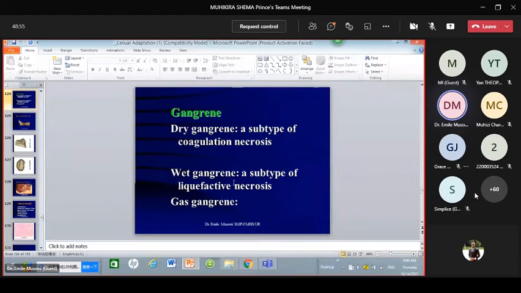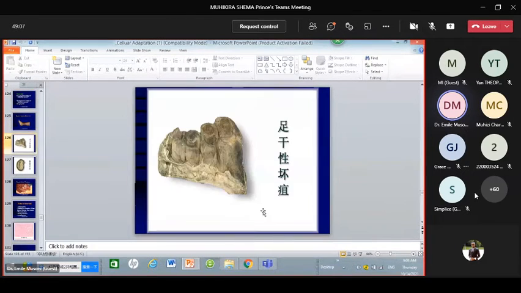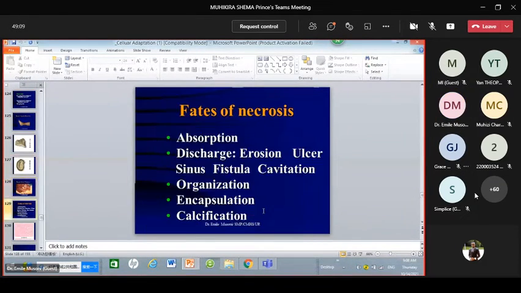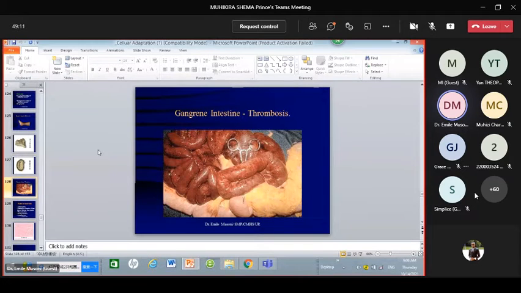It is the main cause of those liquefactive necroses. And the gangrene has a bad smell. Here is the start of gangrene of the intestine. For this one, you have to remove it because there is cell death.